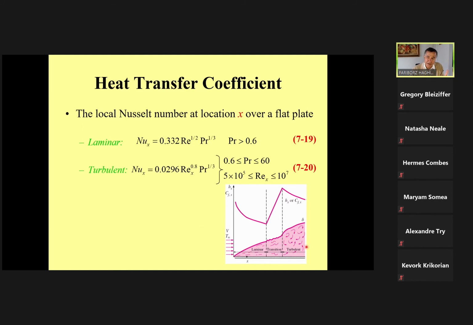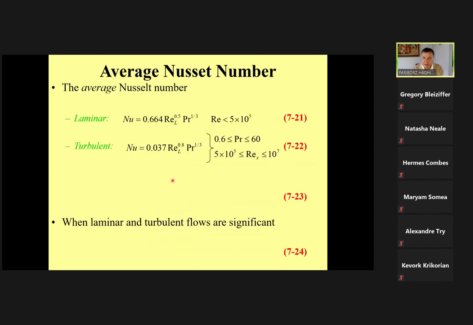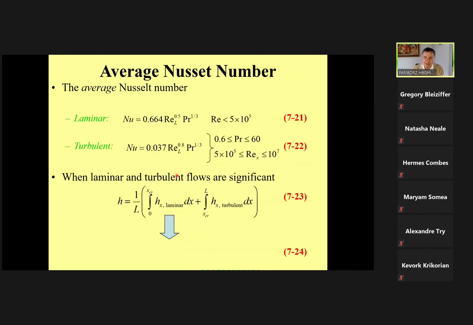Therefore, whichever of these equations you use, the difference will not be that much, because after the first 30 centimeters you have 10 meters. It means it's dominated by turbulent anyway.